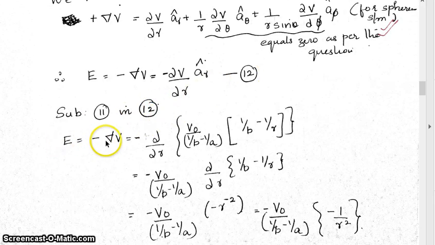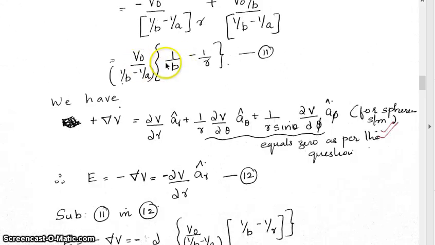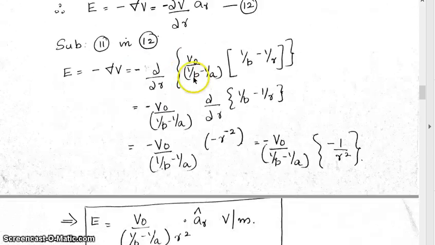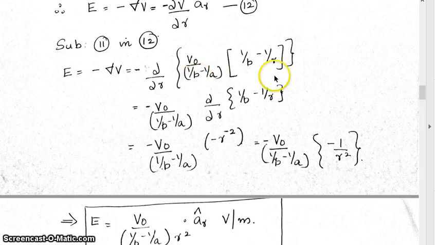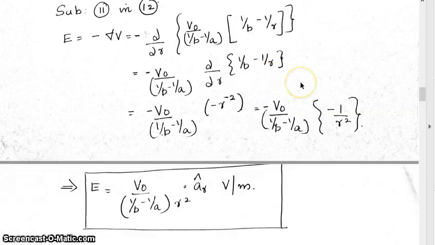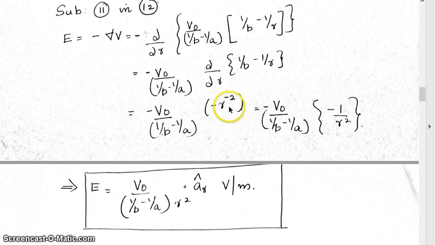That is E is equal to minus del v is equal to minus dou by dou r of, here in place of v we will substitute this value. Okay, that is substituted. It is differentiated, and finally I will get E is equal to minus del v is equal to minus v0 by (1 by b minus 1 by a) into minus 1 by r square.